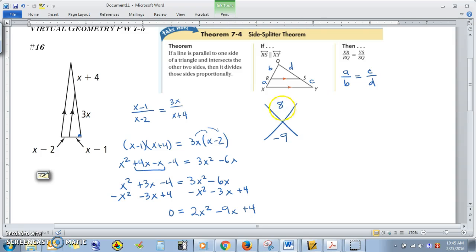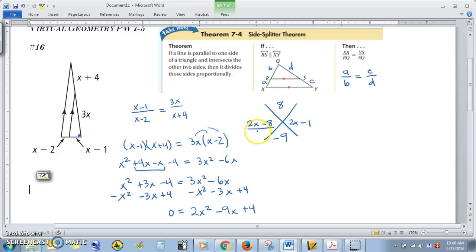I need to find two numbers that multiply to 8 but add up to negative 9. This one's a tricky one because we often forget that 8 times 1 is 8, and that negative 8 times negative 1 is 8. But when you add negative 8 and negative 1, you get negative 9. Since I started with a 2 as my coefficient of x squared, I'm going to put 2x minus 8 and 2x minus 1 and then see where the 2 divides out.